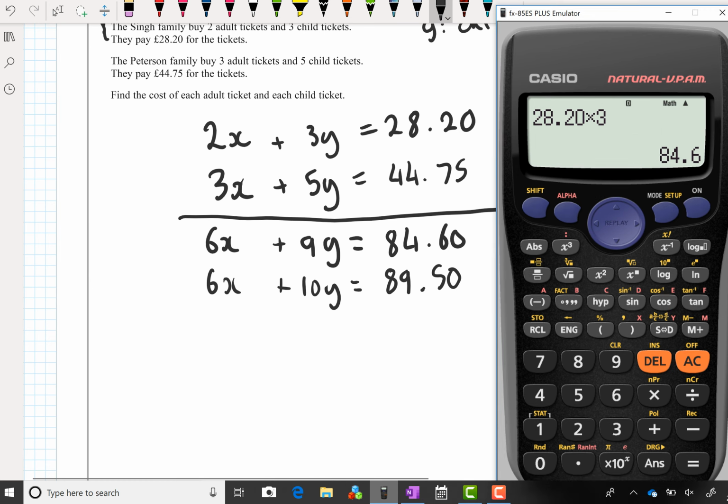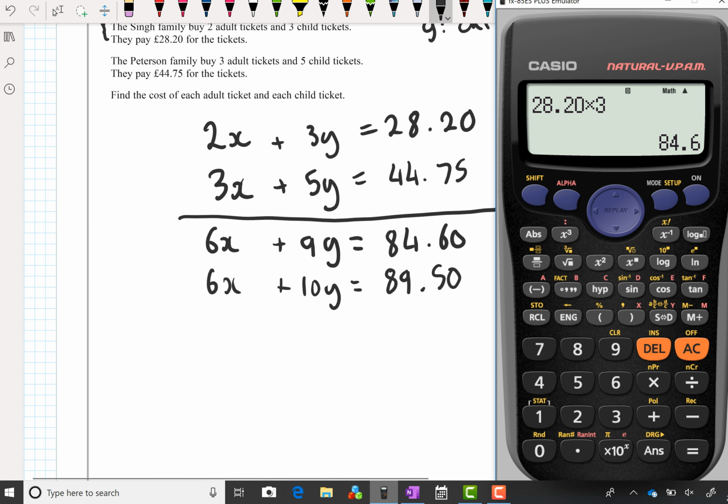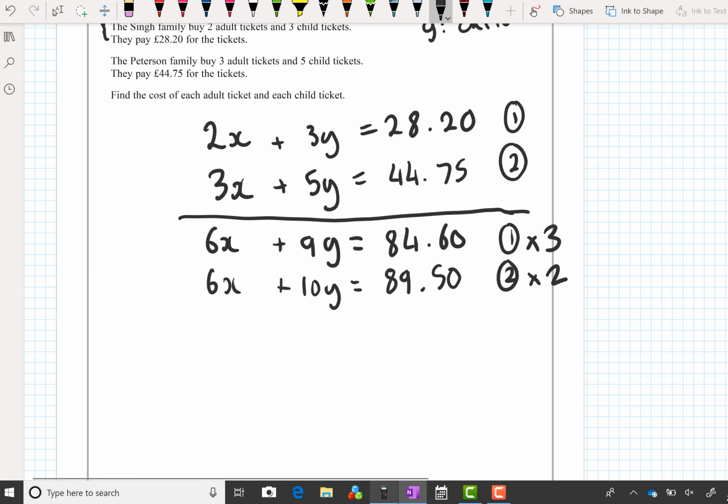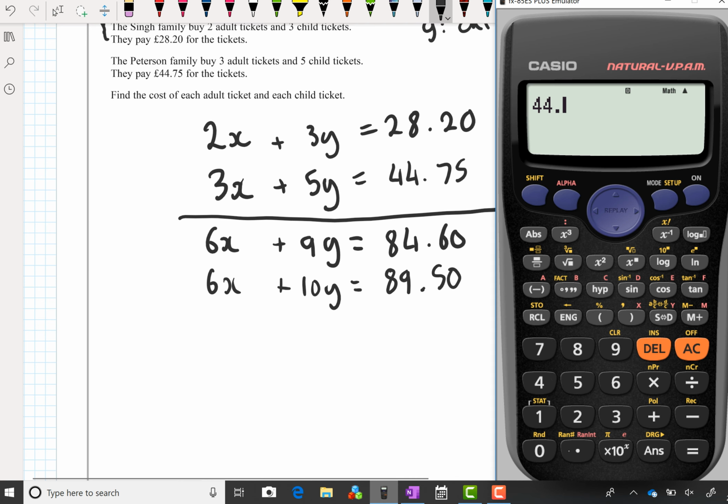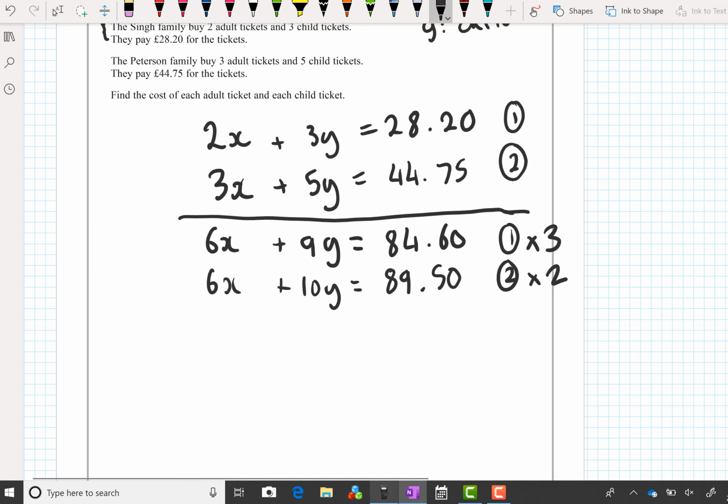Yeah, I got that right. Right, equation 2. Multiply that by 2, yes, times that by 2, yes. 44.75 times 2 is £89.50. Okay, not made any more silly errors. Step 1, check it. Always check it. Don't forget, check, check, check.